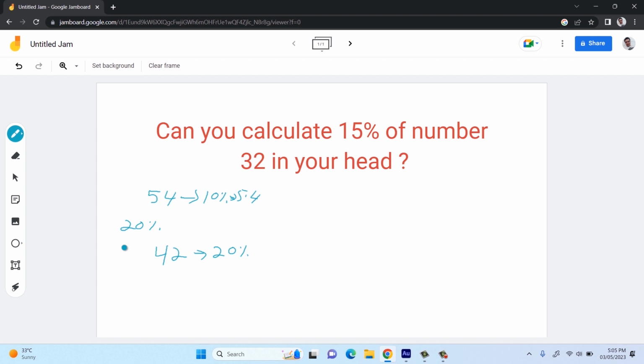So the 10% will become 4.2, and let's just double the figure 4.2, so it will become 8.4, right? The easiest way. So see how we can calculate a number very fast. Now let me do one more problem in 20%, and then we'll move to the 15%. So let's just try to calculate 20% of number 51. So it will become 5.1, and to double it, it will become 10.2.